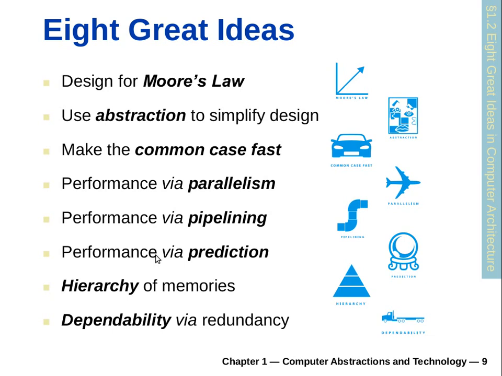The next is prediction. If you can predict the next instruction to be executed or the next branch that will be chosen, then that's prediction. It's important also. And hierarchy of memory. I mentioned a while ago, most programs based on empirical evidence follow locality. Meaning, the programs being executed are usually close to each other, and the data being accessed are usually close to each other.